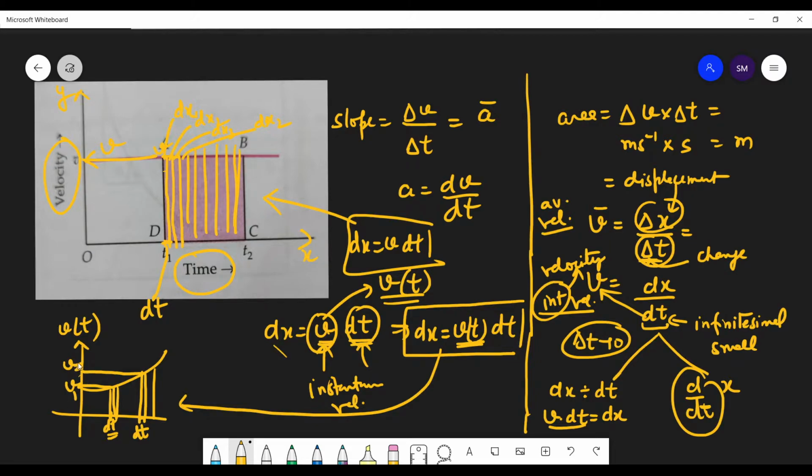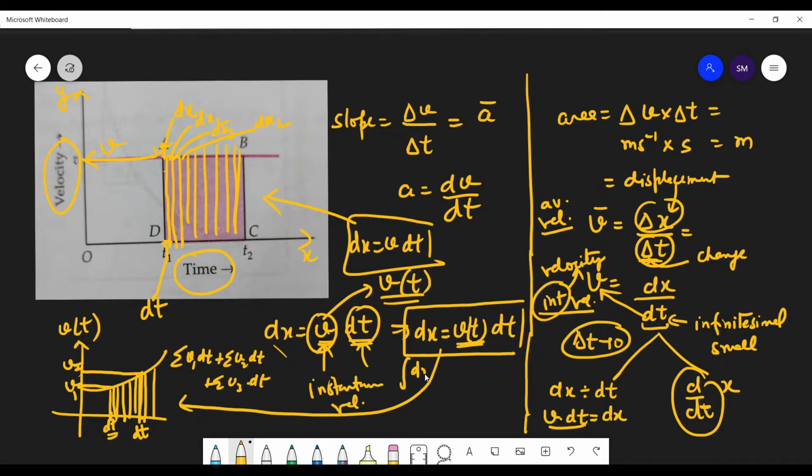This is v1, this is v2. So we will be adding all these v1 dt plus v2 dt plus v3 dt and so on. We will be adding all these areas under the graph.